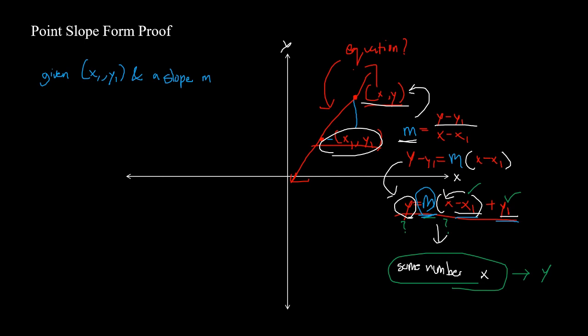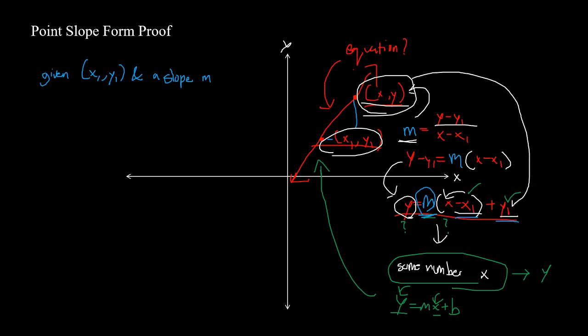If you have a line y equals mx plus b, we don't know what y and x are. We have to plug in a number for x, and then we will get a number y, right? And if we do this enough times, then we can graph it out as a line. So that's how this general point x, y can turn into the general x and y in this formula.